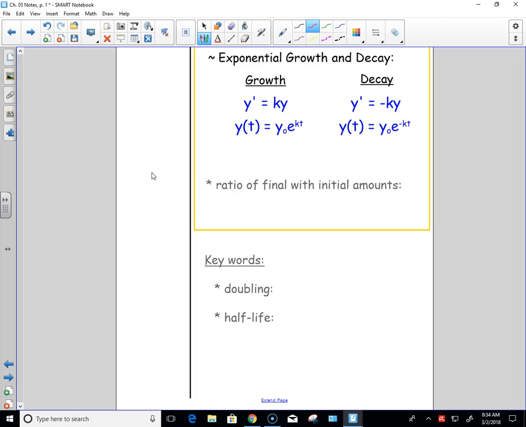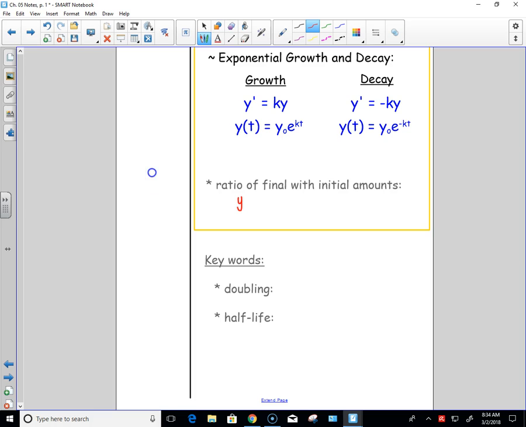The ratio of final with initial amounts, if they were to give us something like it doubles, something like the half-life, something like 20% remained, then we wouldn't necessarily want to keep this equation the way it is.